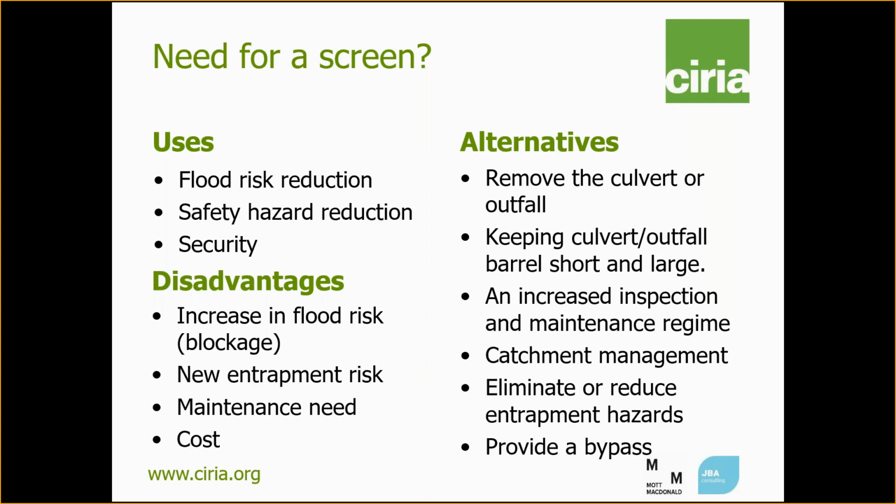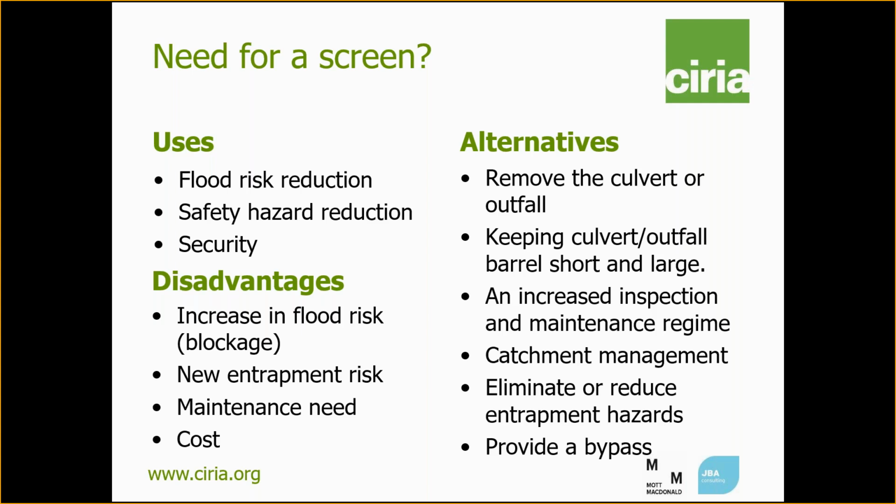First and foremost is to remove the culvert or outfall if possible, and therefore you don't need a screen. Keeping the culvert outfall barrel short and large, which will reduce the potential flood risk and the safety hazards, and therefore may not need a screen for either of those.